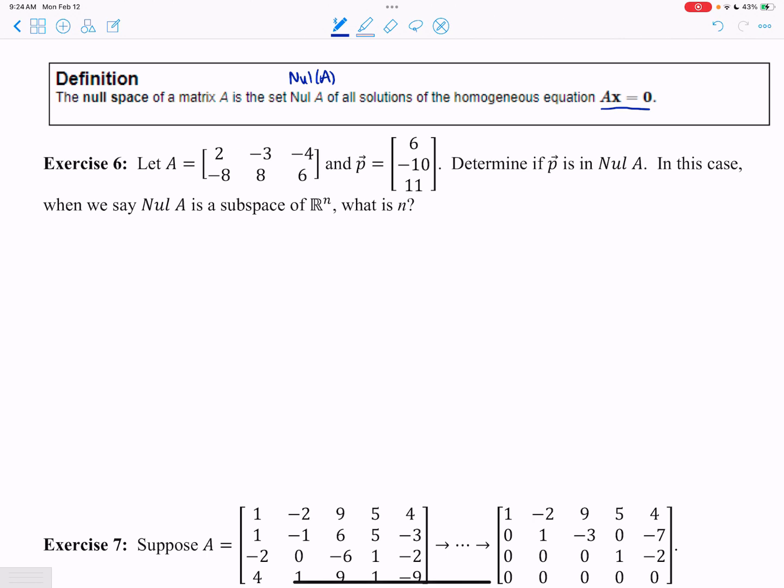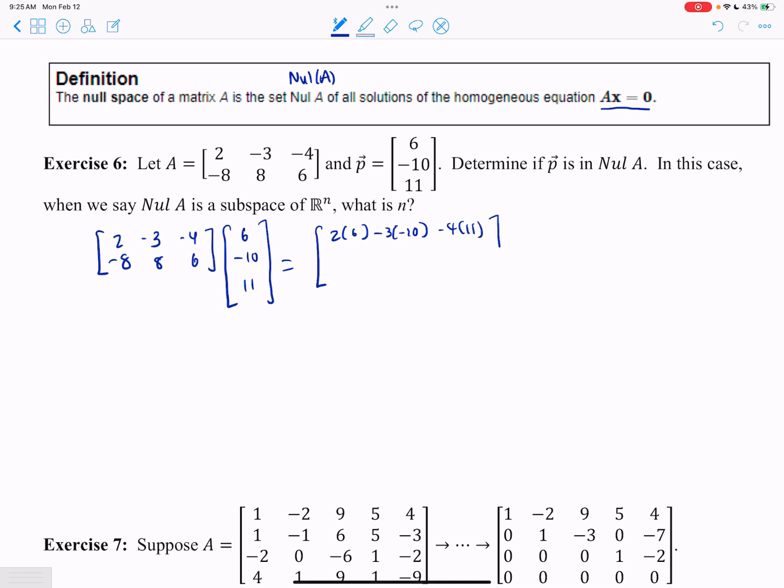So exercise 6 gives you a matrix and a vector p, and we want to know, is p in the null space or not? So if it's in the null space, that means it maps to 0. So you can just multiply. And remember to multiply, you do the dot product with the row. So it's 2 times 6 minus 3 times negative 10 minus 4 times 11.